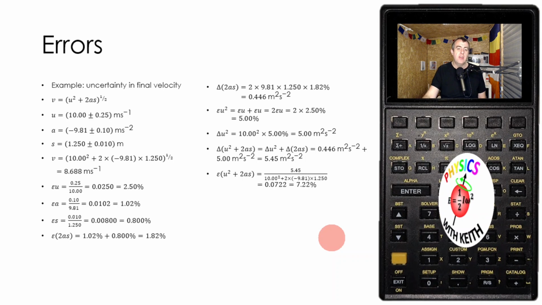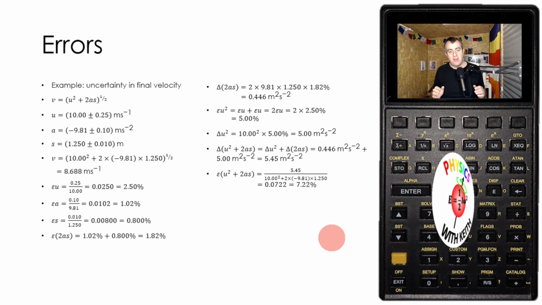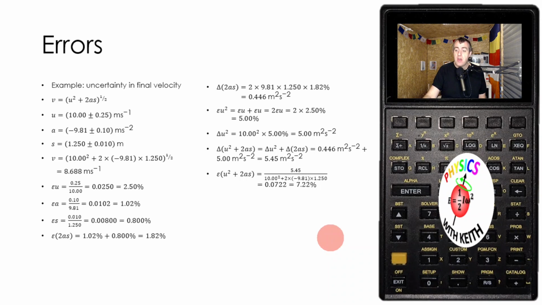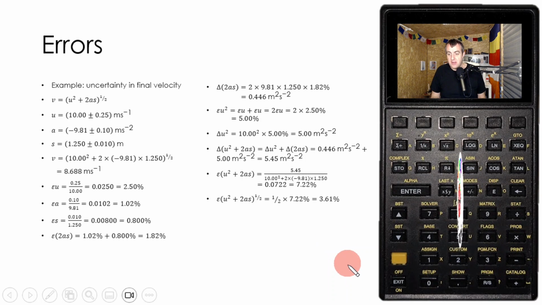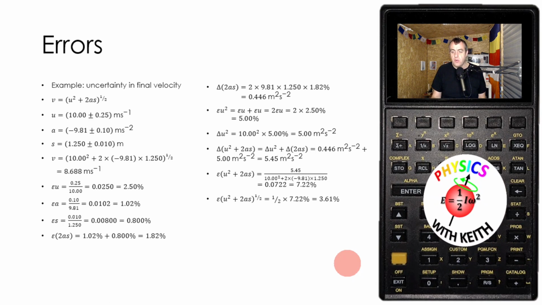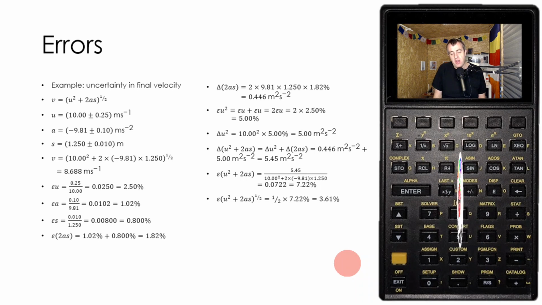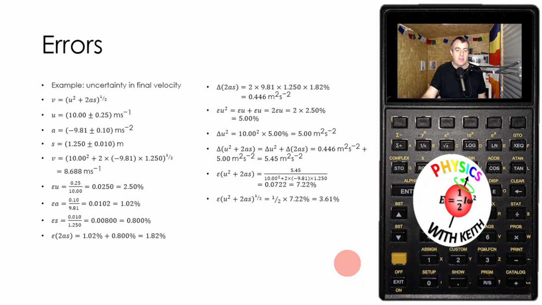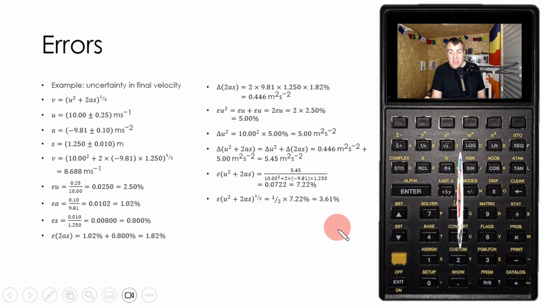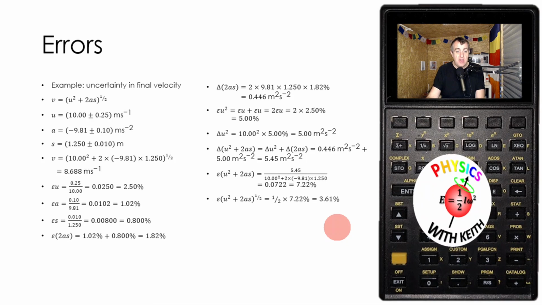Now, because we're raising that quantity to the power of a half, we halve that percentage uncertainty, to get a percentage uncertainty in u squared plus 2as all to the power of a half equal to 3.61%. Well, that's v. That's the percentage uncertainty in v.